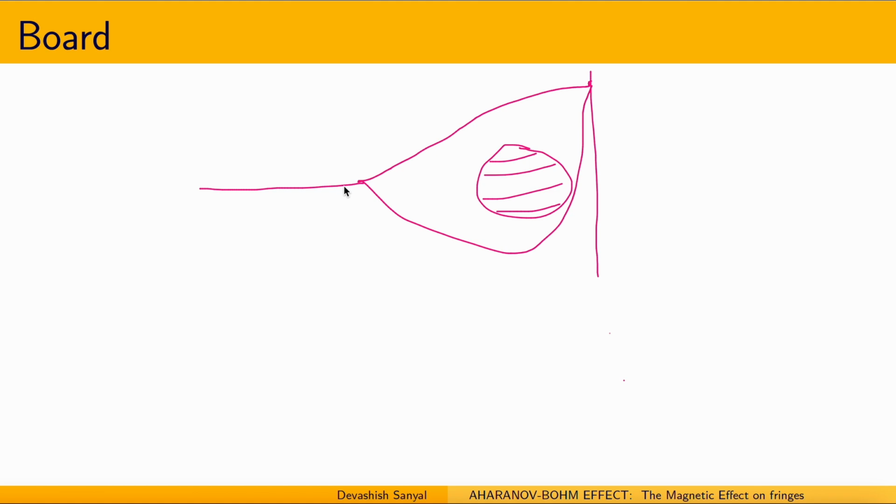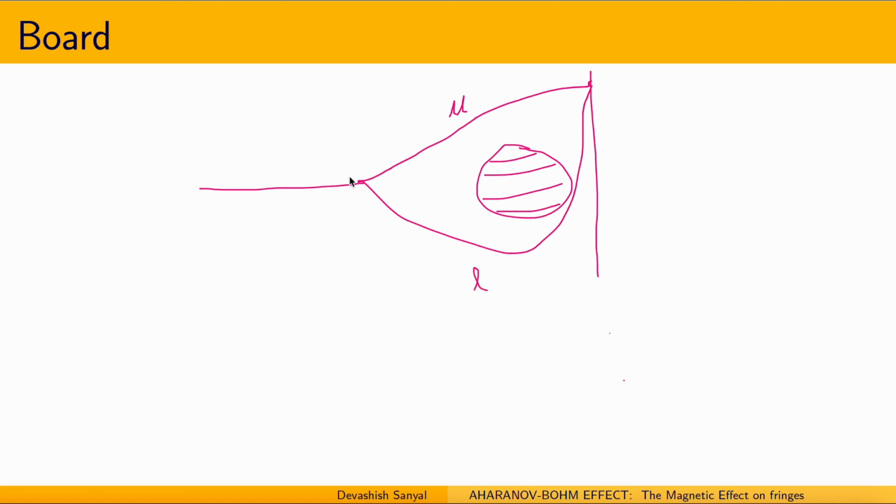Electron is a wave, so one part of the wave goes like this and the other part of the wave goes like this. This diagram is not very accurate, but I have drawn this to give you an idea about what is happening. This is the upper part, which I denote by U, and this is the lower part.